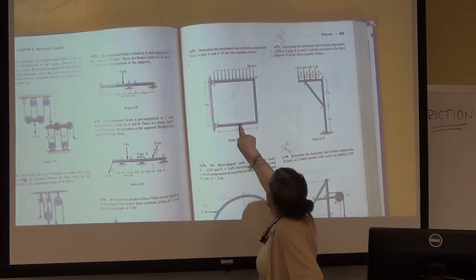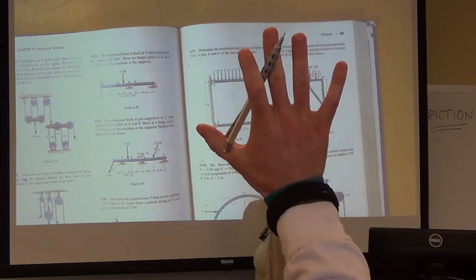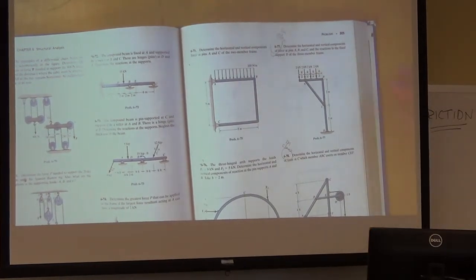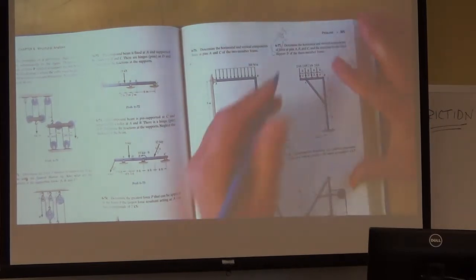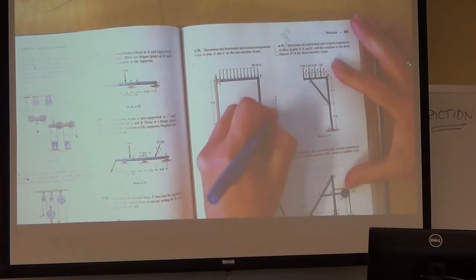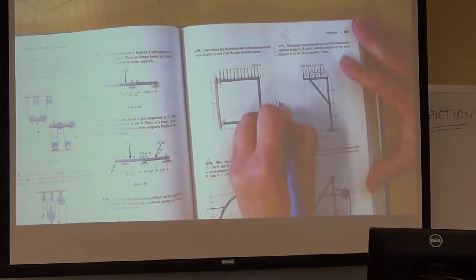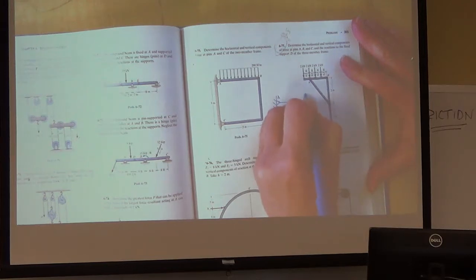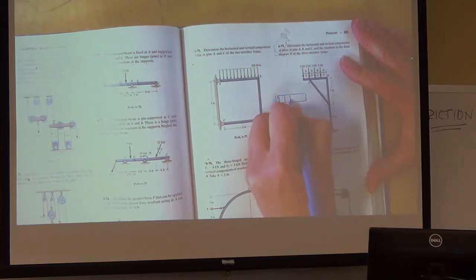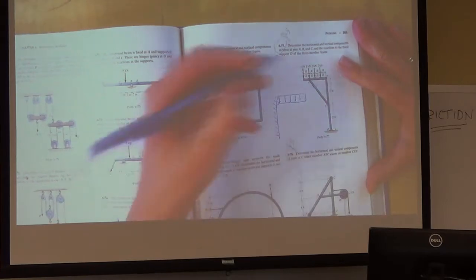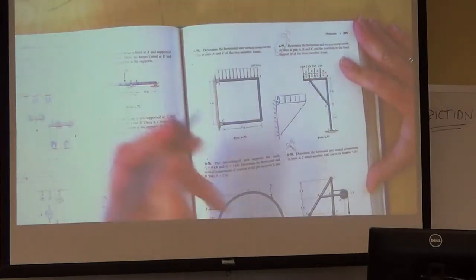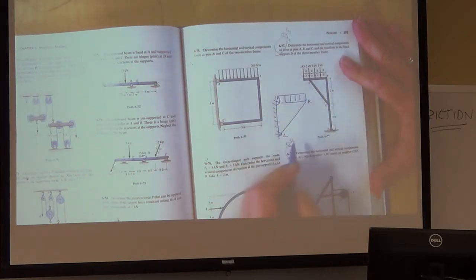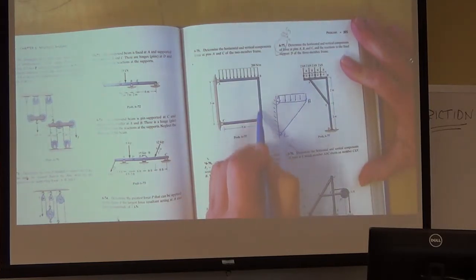But there are no external loads, so what could they have done here? This really didn't have to be like that. I'll just draw it here. So the problem... this did not have to be here.